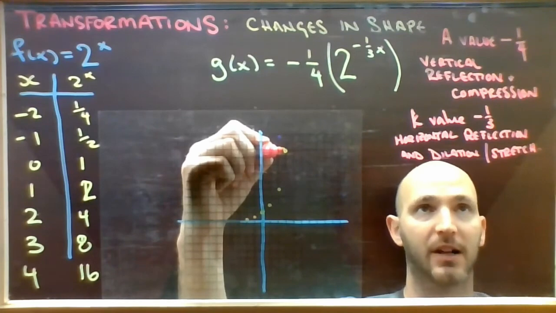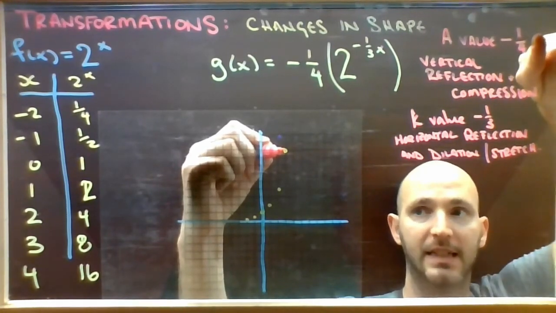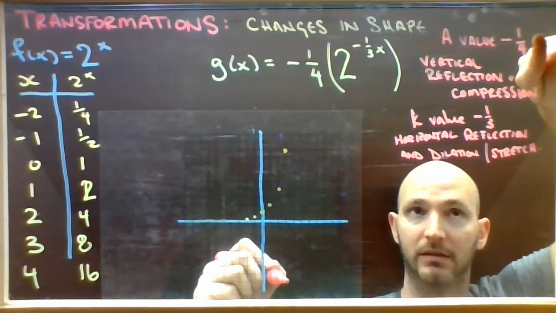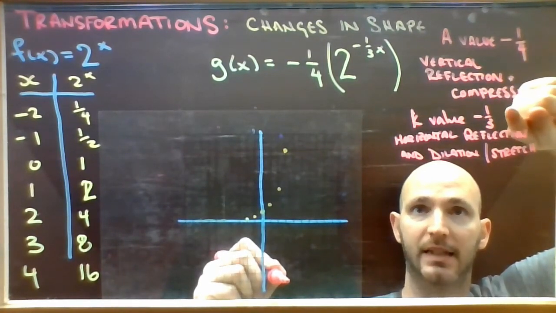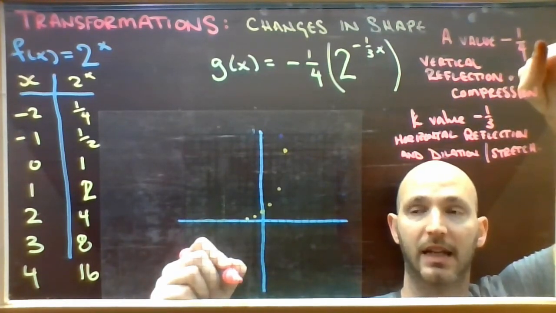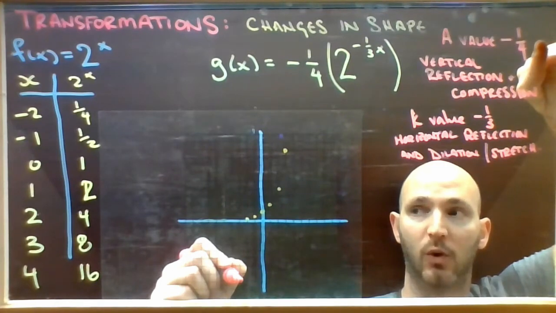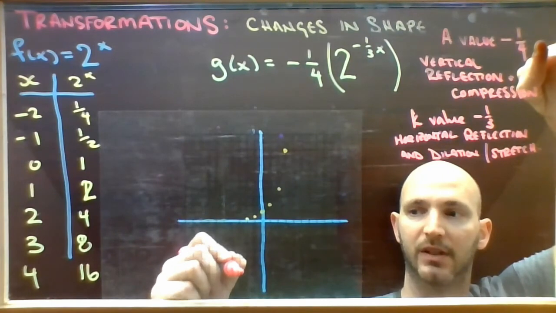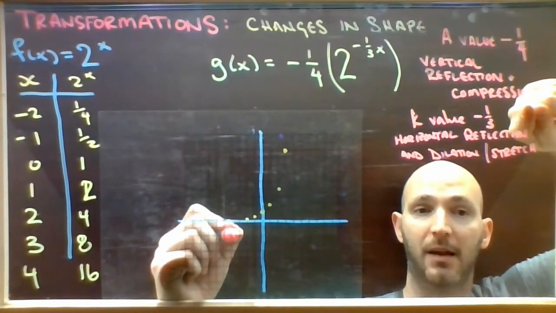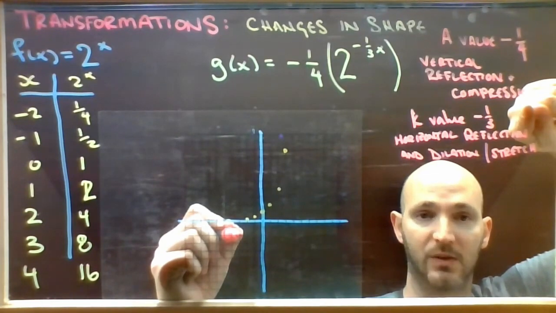So this dot, first off, I have to reflect it in A. That would put it here. Then I have to reflect it in K, which would put it here. Then I have to make it 1/4 of what its normal height was. It used to be 8, so now it's only 2. And it needs to be blown 3 times further away from the axis than it used to be.